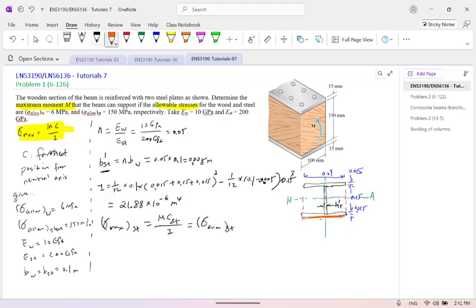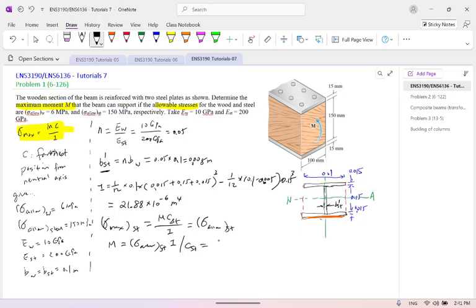That's why for here, for M, we can work out. M is sigma allowable steel times I over c steel. So that's how we get it.